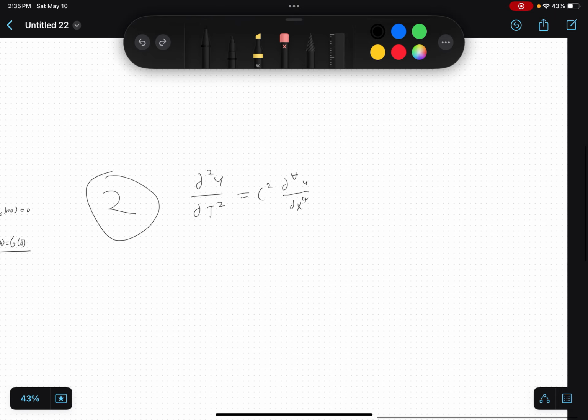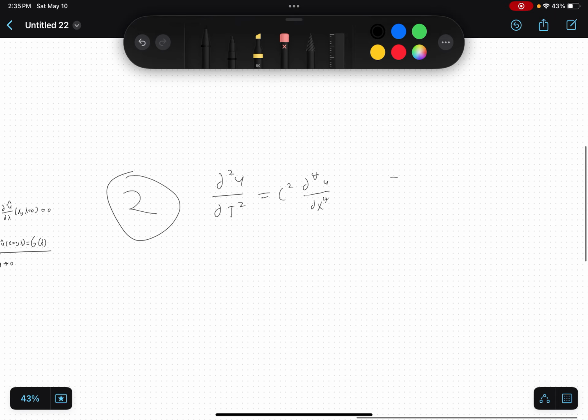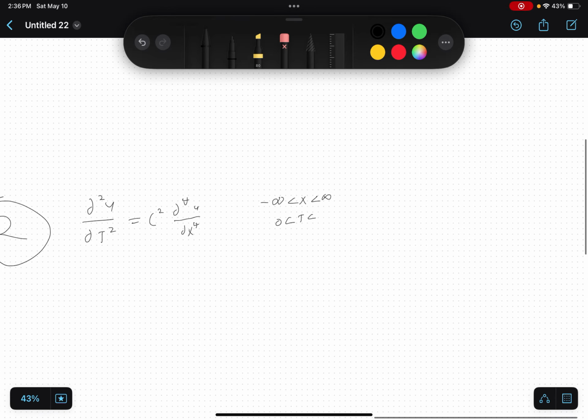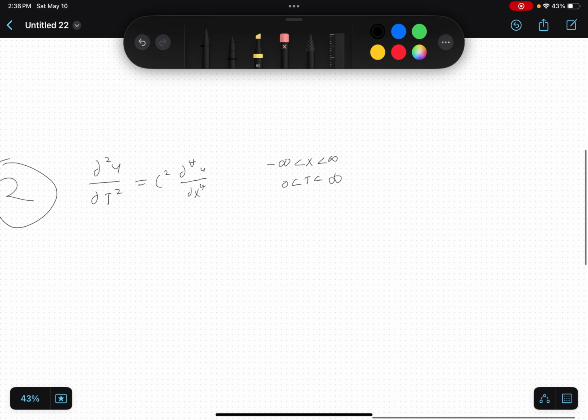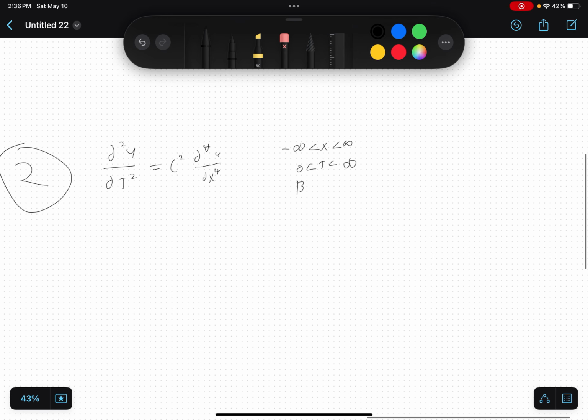And our ranges are those are our ranges, and these are very standard ranges, actually, because when you're integrating over time, you always start time at 0. Yeah, that makes sense.